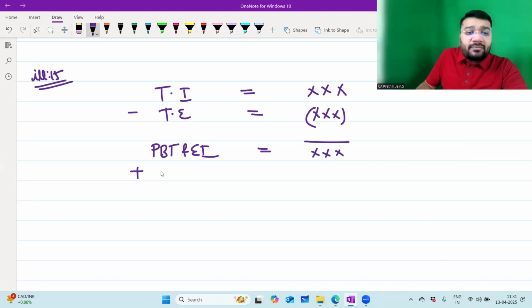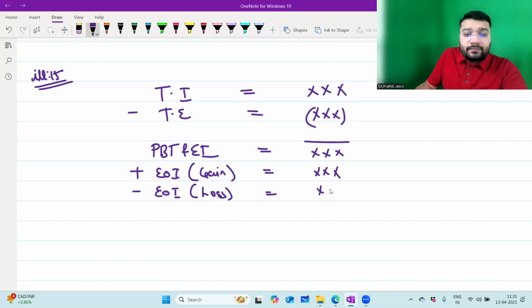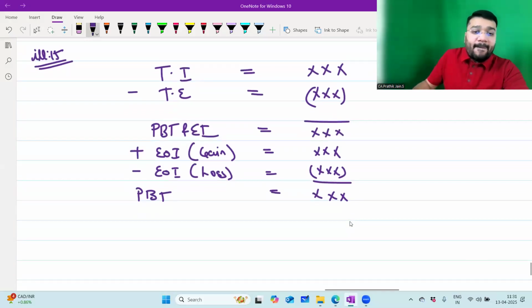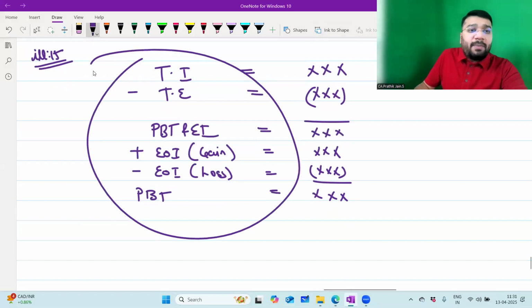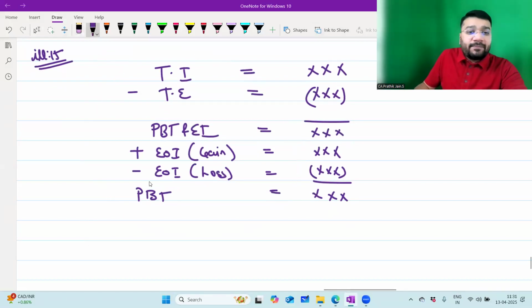From that, add extraordinary item which is gain in nature, minus extraordinary item which is loss in nature. This is profit before tax. Don't put this X and all. Just if you want to write it, write this part alone. Don't write X part. We'll fill the values there.